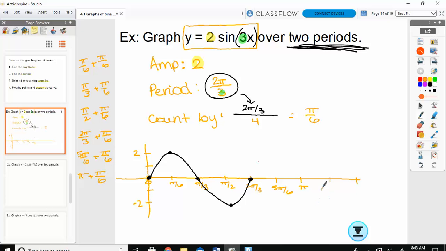Pi plus pi over 6, so 6 pi over 6 plus 1 pi over 6 would be 7 pi over 6. 7 pi over 6 plus pi over 6 would be 8 pi over 6, which reduces to 4 pi over 3. And the pattern stays the same. We've already done it one time. So here I'm at 0, ready to go up to 2, back down, down to -2, and back.